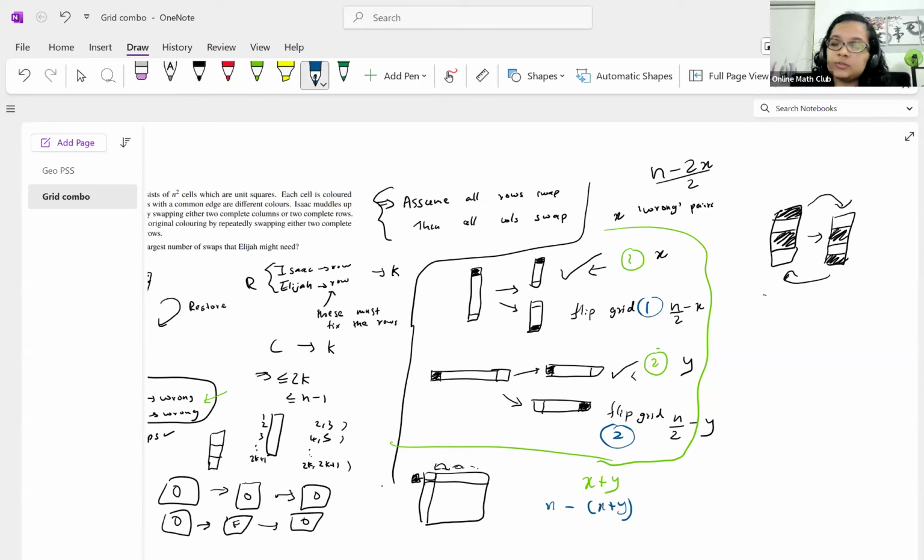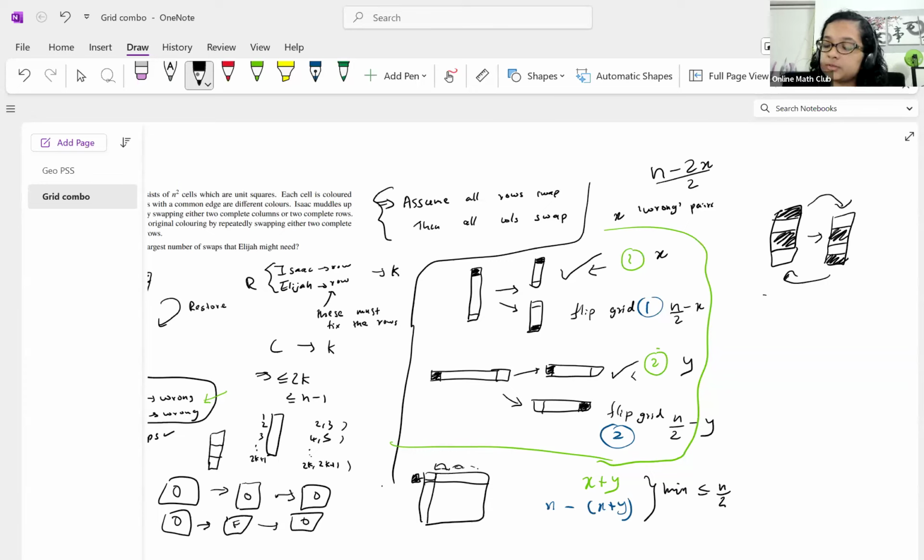The minimum of these is always going to be less than or equal to N by 2, because you're looking at the minimum of two things whose sum is N, right? From this, you can construct a case where both of them are equal.